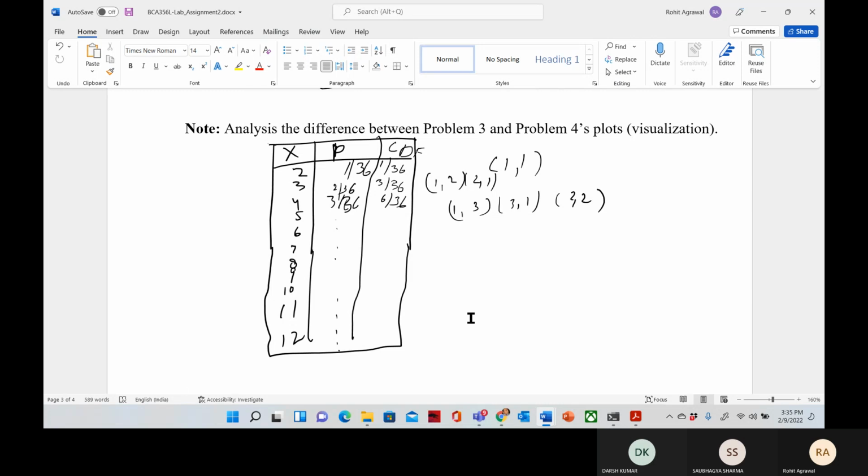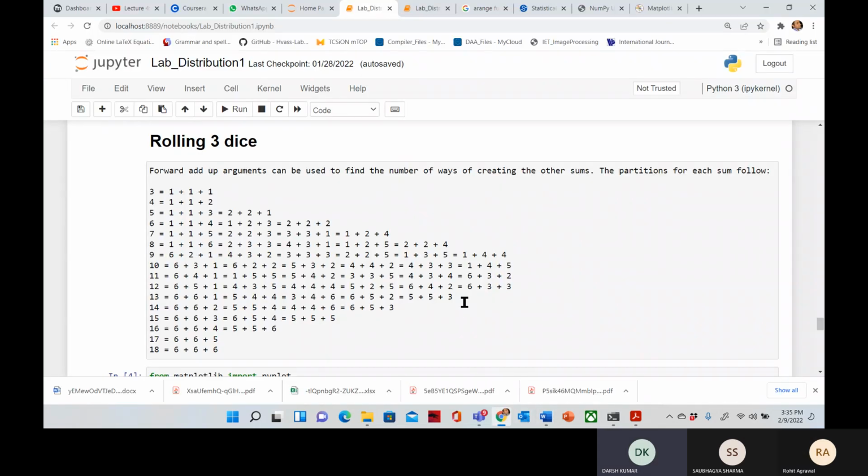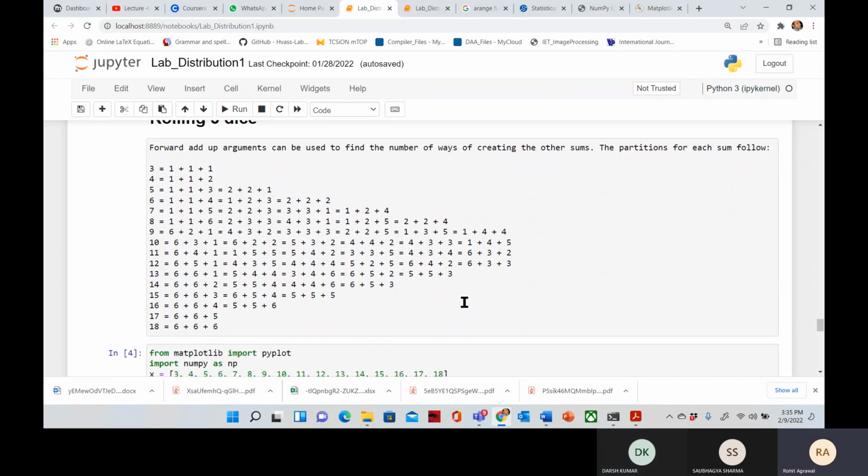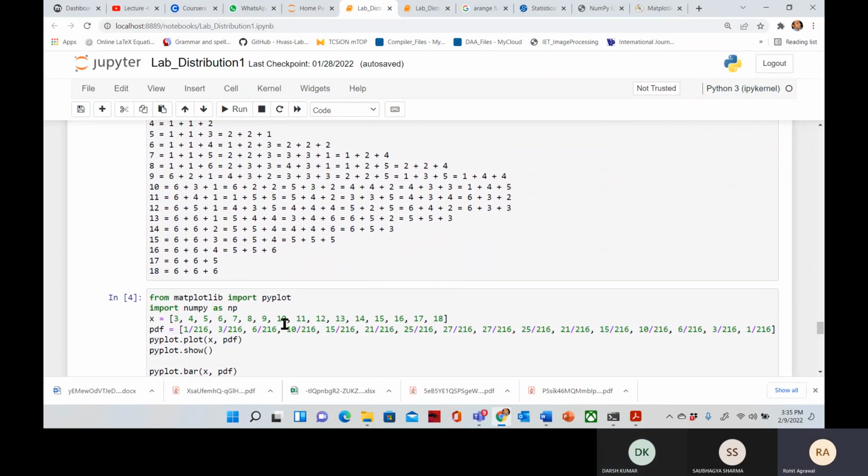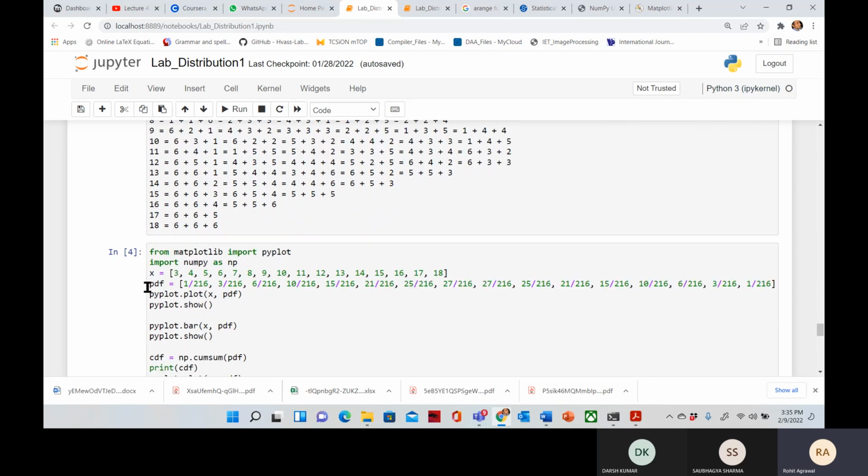Sir, can you show the code for the third one, rolling 3 dice? Okay, see, for rolling 3 dice, the probability we need to obtain first. So this is the probability. How I obtained this probability? I can show you here.